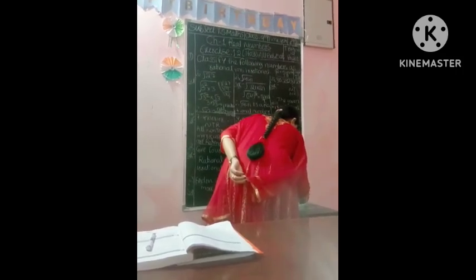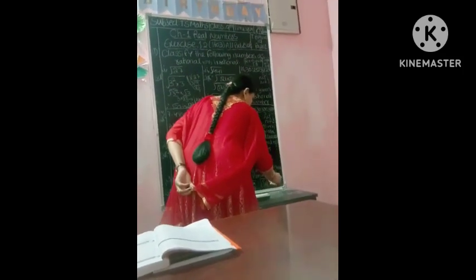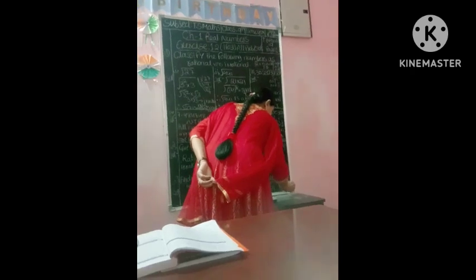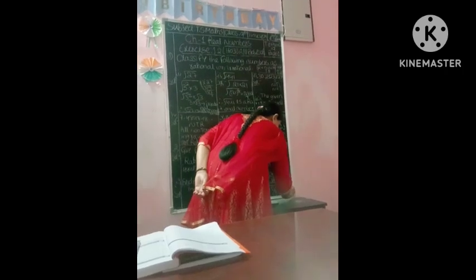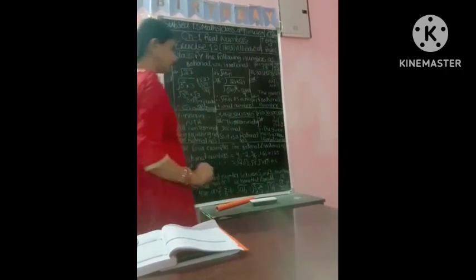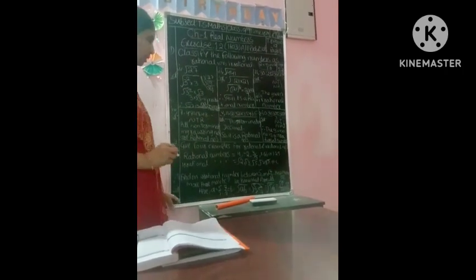Root 5 by root 9 is root 5 by 3. Root 3 squared: the square and root cancel, and we get 3 only. Are you clear? Are you understood?